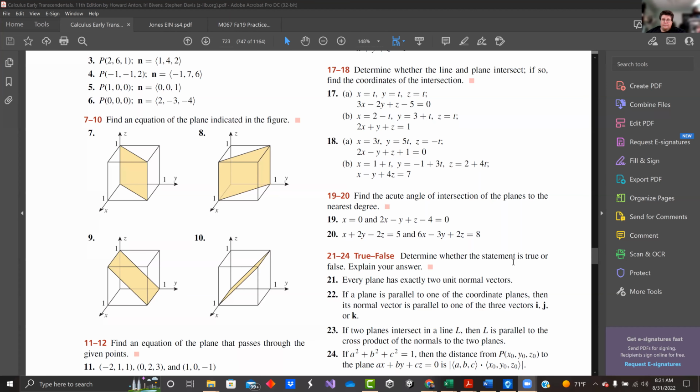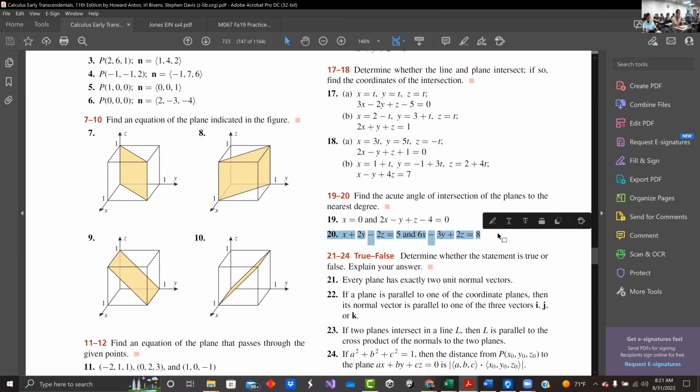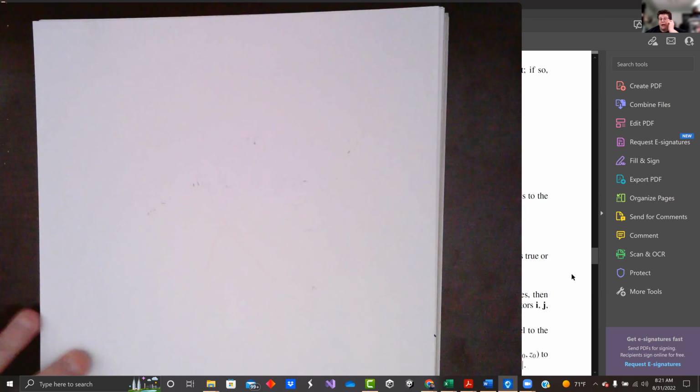Let's grab number 20 here. We're going to do number 20. So I will put this up. That looks lame. I'll have to fix it later.